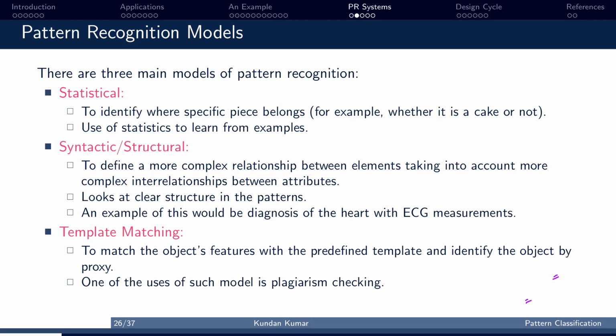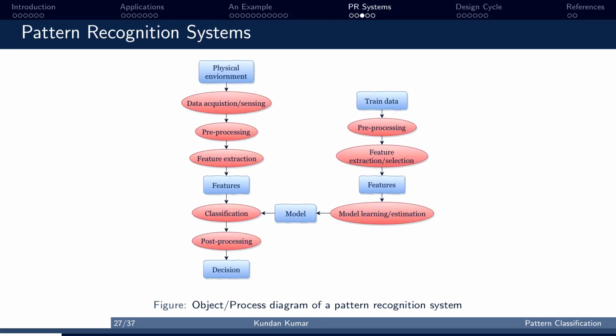This is our pattern recognition system. Here we have many blocks, and these blocks are connected in an ordered fashion. First we need to understand the physical environment.